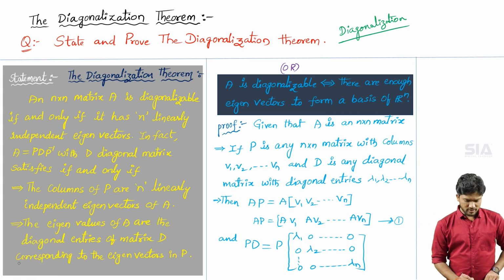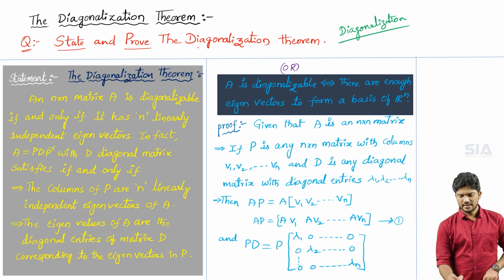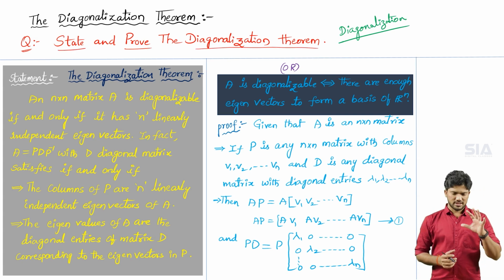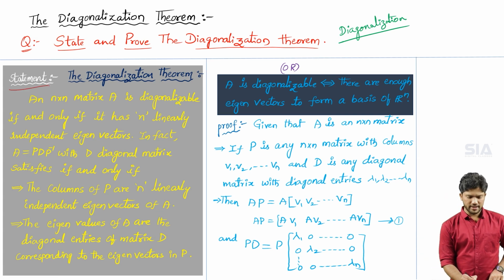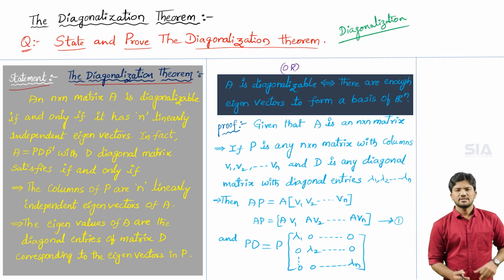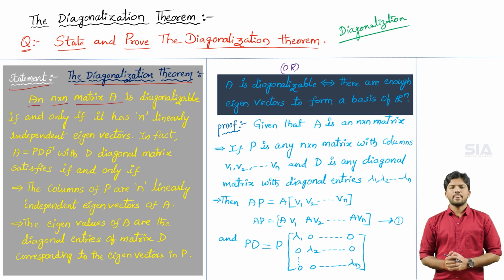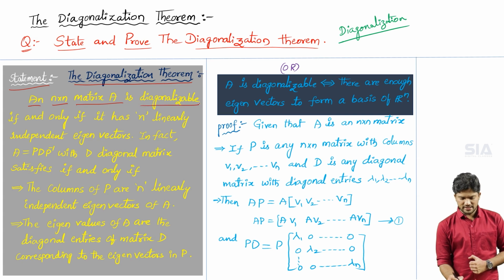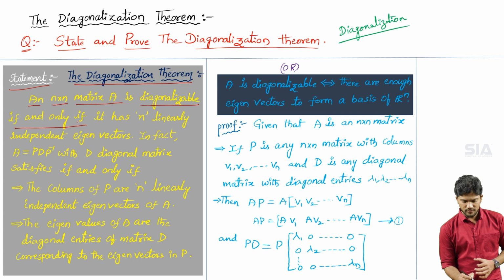First of all, observe the statement of the theorem. The question is: state and prove the diagonalization theorem. That is the name of the theorem of this unit. The statement is: an n by n square matrix capital A is diagonalizable if and only if it has n linearly independent eigenvectors.